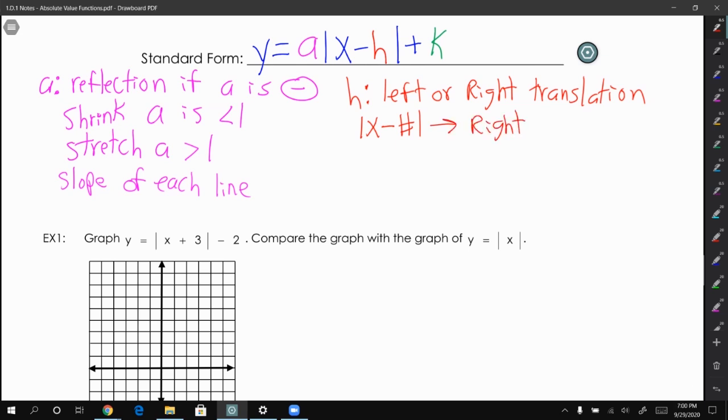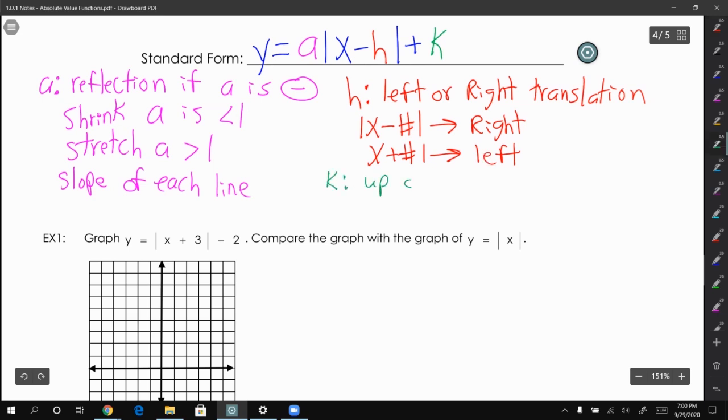If it was x plus a number, the translation went left. And then for k, that was an up or down translation, where if it was positive, it went up, negative, the translation went down. So we're going to combine all of this now.